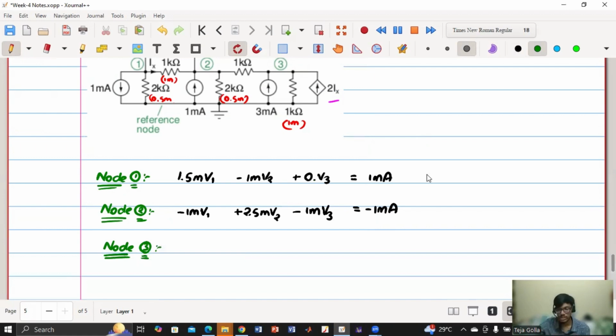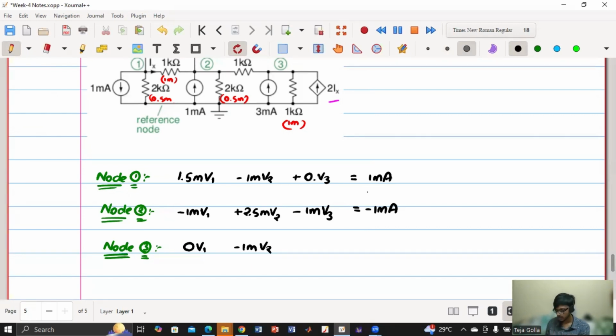Now node 3, first we'll get A13, which is the conductance connected between node 1 and node 3. So what will be the value of that? It's 0 V1, yes. And then the second term between 2 and 3, minus 1 milli, yes.